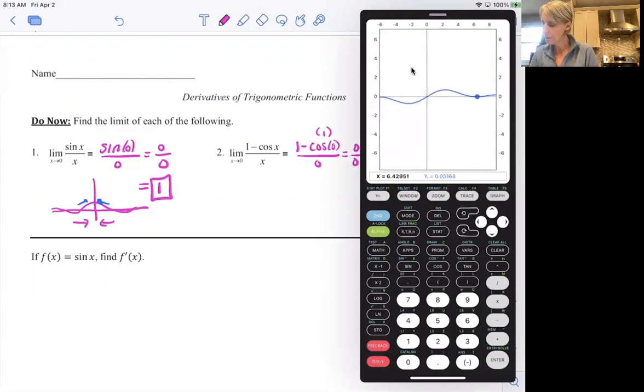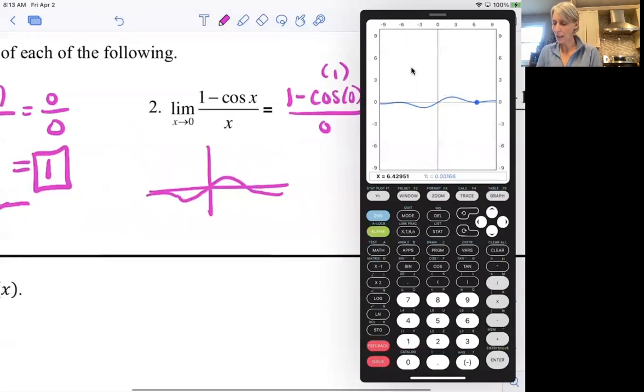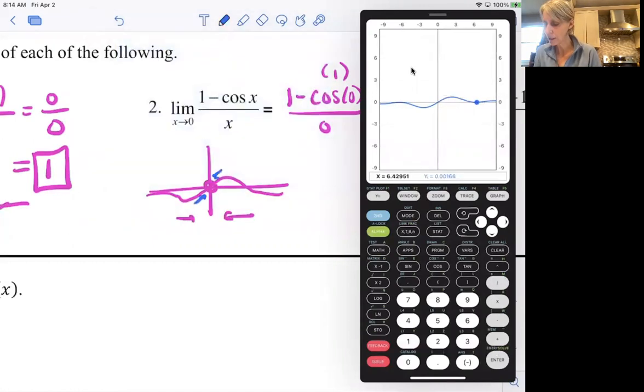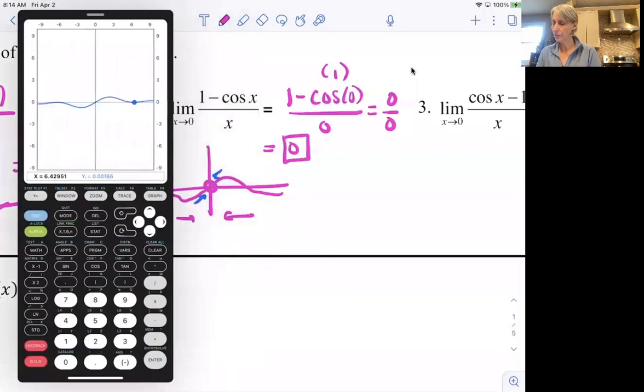This time, graphically, our picture goes like that. We care about what's going on right here. As x goes to 0, my y values are getting closer to 0. Therefore, the limit as x approaches 0 of that function is 0.